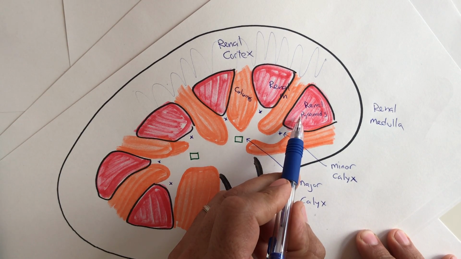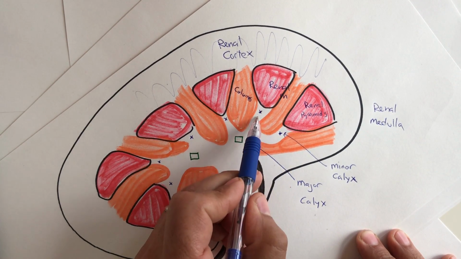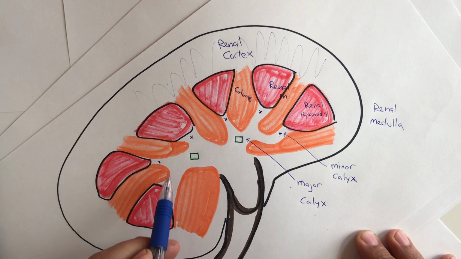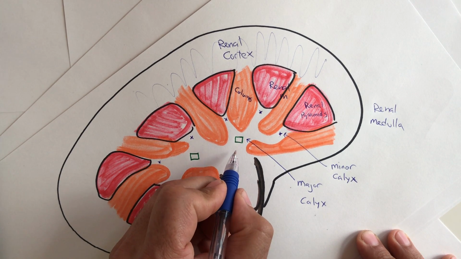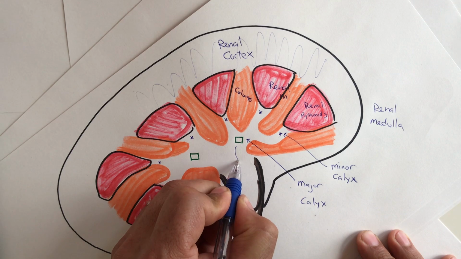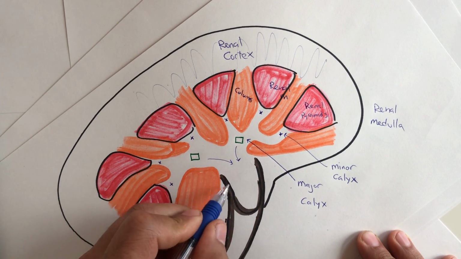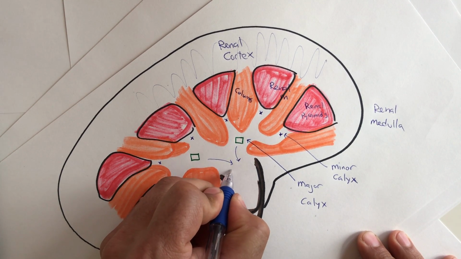The renal pyramids produce this fluid into these minor calyces, and then they merge into major calyces, and then the major calyces merge and dump into this general area here called the renal pelvis.